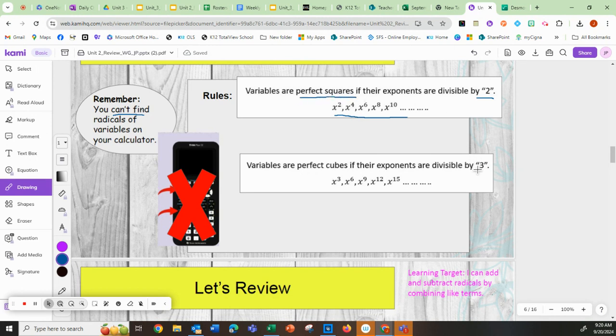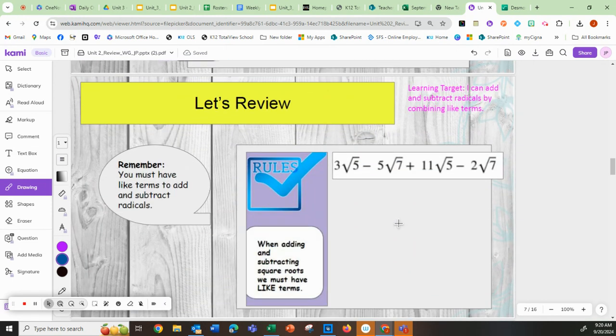Any variable that has an exponent that is divisible by 3, like x to the third, x to the sixth, x to the ninth, would be considered a perfect cube. So your variables are completely different than your numbers. You can't take the square root, cube root, and fourth root of variables in your calculator. You have to know the rules for that, and we'll talk about that today.